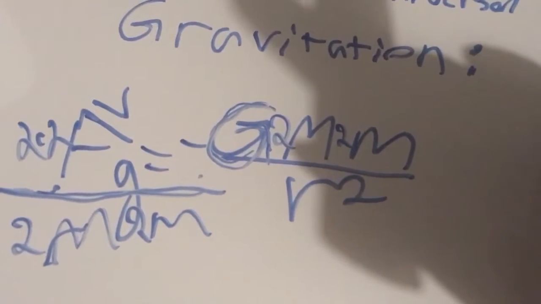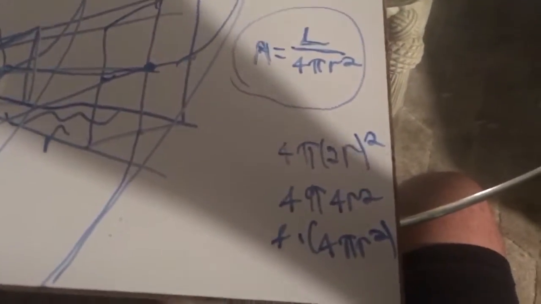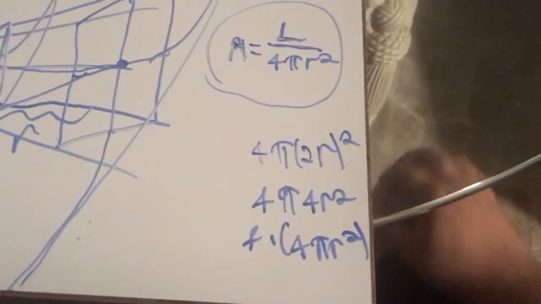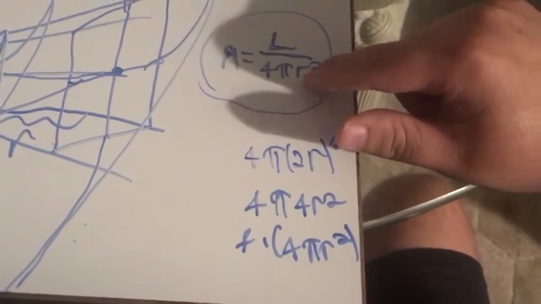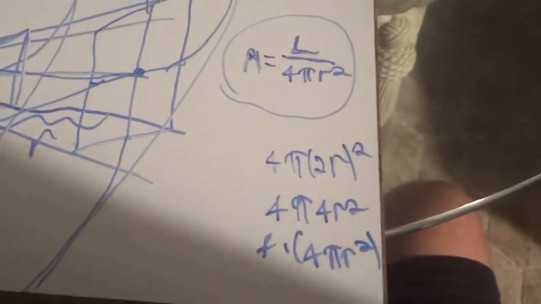Now, I'm going to talk a little bit about how the force of gravity is inversely proportional to the square of the radius. Newton believed that the gravitational formula should be written over r squared because of the inverse square law. A good example of the inverse square law is this square law right here. At one radius, the surface area of a sphere is 4 pi r squared.